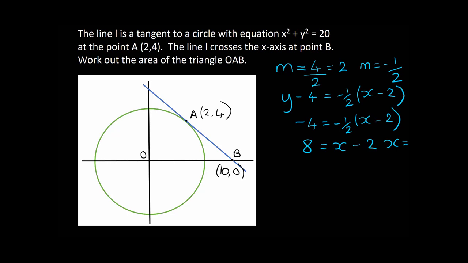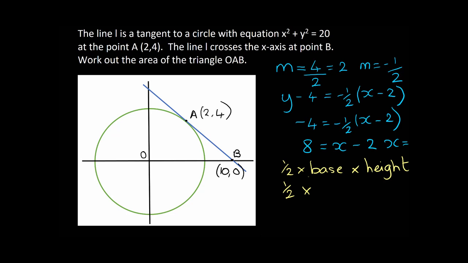So having done that, now we can work out the area of the triangle OAB. So remember the formula for the area of a triangle: a half times the base times the perpendicular height. So in our case, it'll be a half times the base.